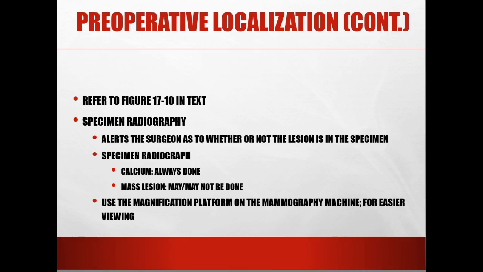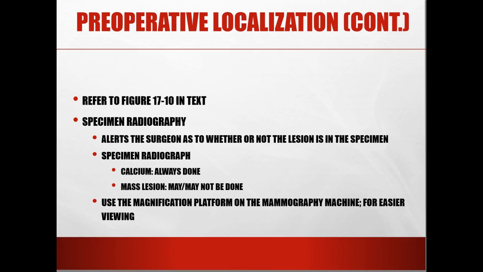In addition, the radiologist will give the surgeon a call in the OR before they finish and discontinue the anesthesia for the patient to make sure that they have clear margins. They want to make sure there's clear margins around that lesion, at least by mammographically looking at them. There may be some masses or lesions that they may not do a specimen of, but whenever there are calcifications, they will always do that specimen.